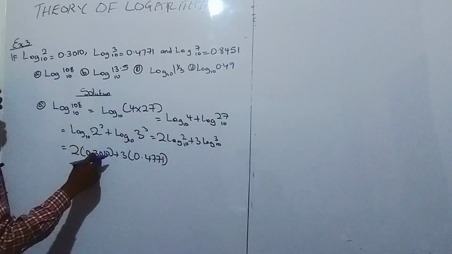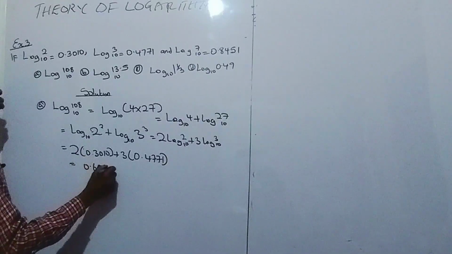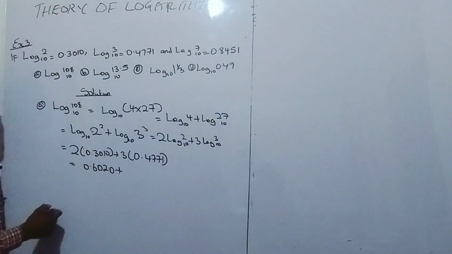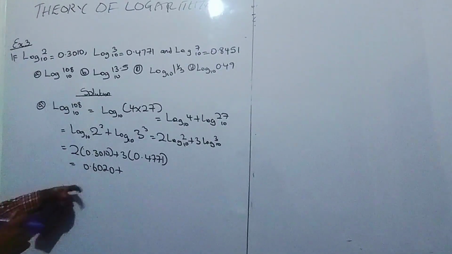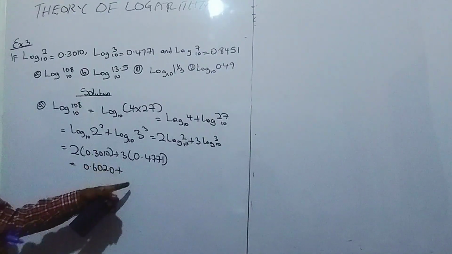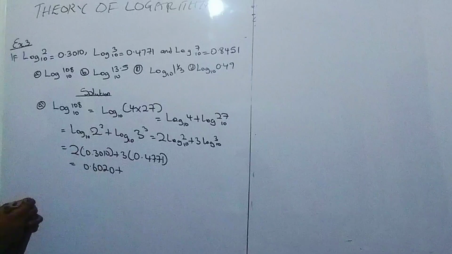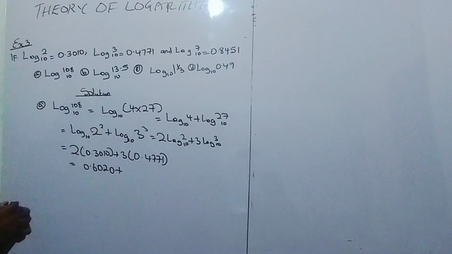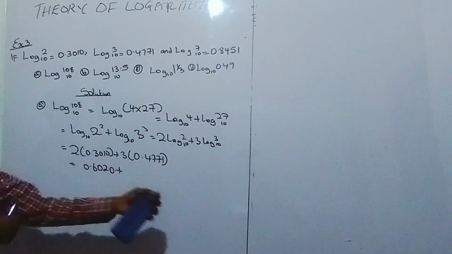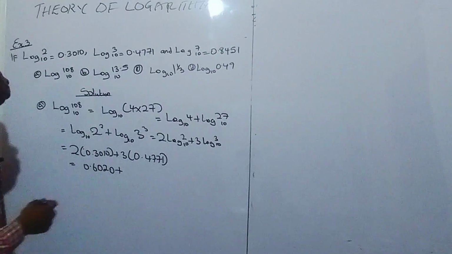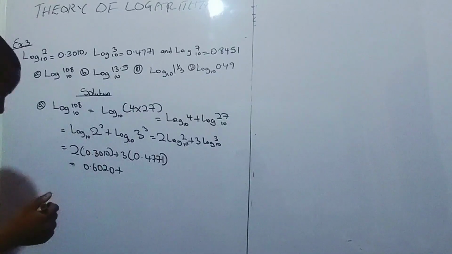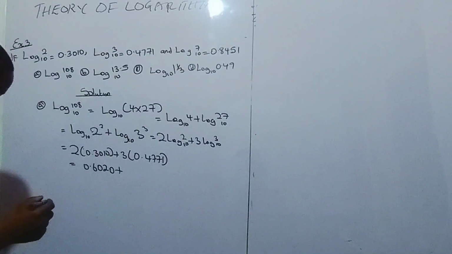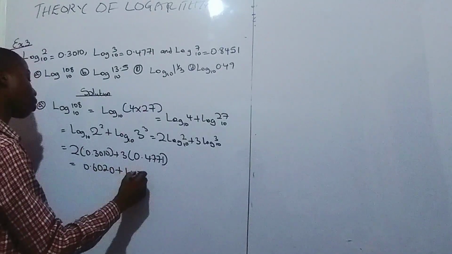2 times 0.3010 is 0.6020, plus the same thing we'll be doing for the next one. We just add the values. So 3 times 0.4771 should give us 1.4313.